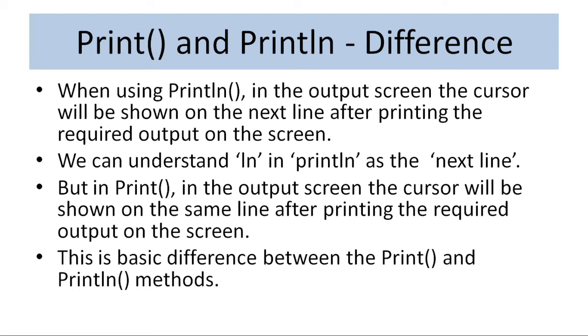When we use println, in the output screen the cursor will be shown on the next line after printing the required output. ln means next line. But in print, the cursor will be shown on the same line after printing the required output on the screen. That is the basic difference between the print and println methods.